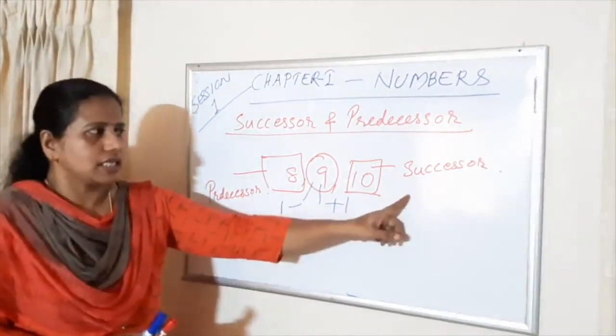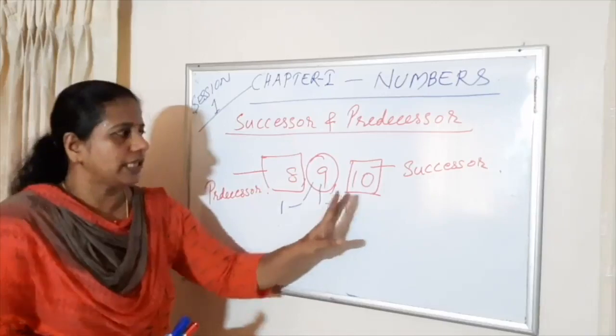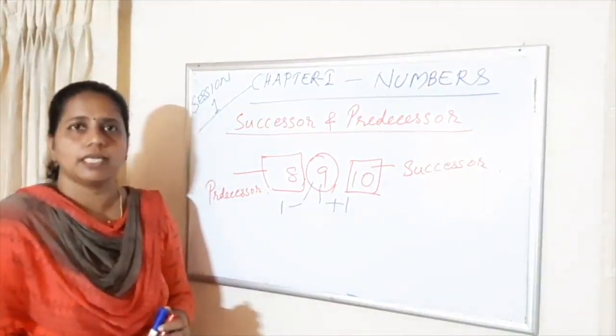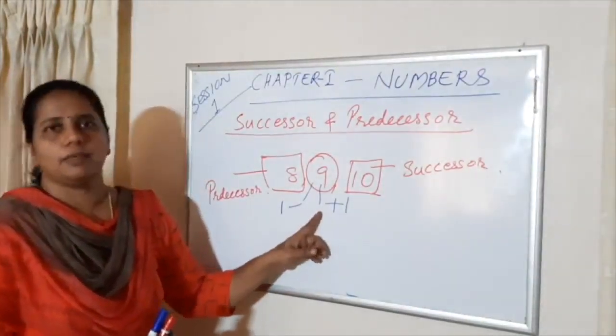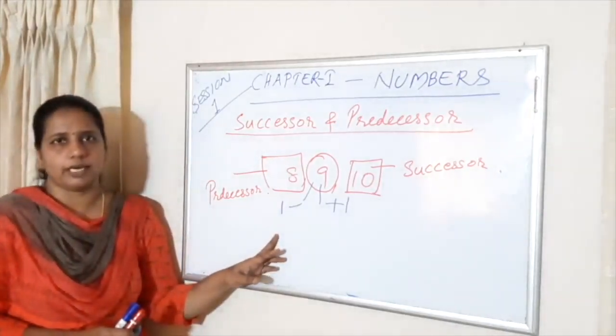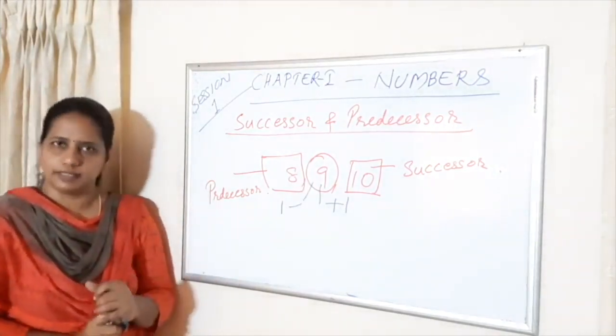That is, the successor of a given number is obtained by adding 1 to the given number, and the predecessor of a given number is obtained by subtracting 1 from the given number.